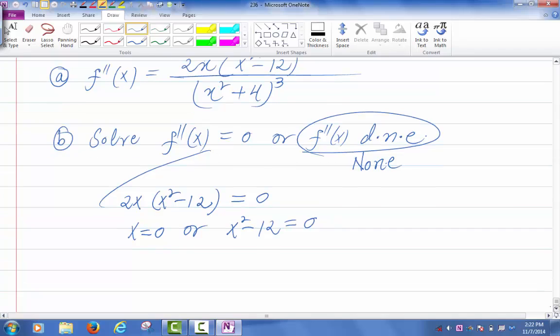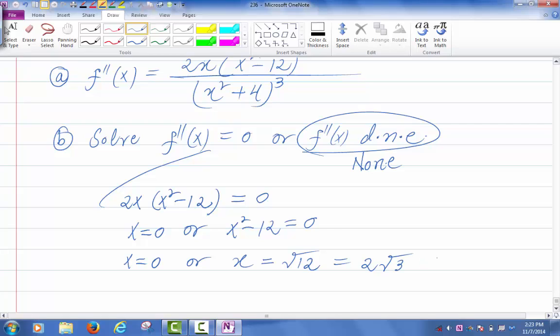Which then means that x is 0 or x is what? Plus or minus root of 12, right? What is root of 12? 4 times 3, so 2 radical 3, right?